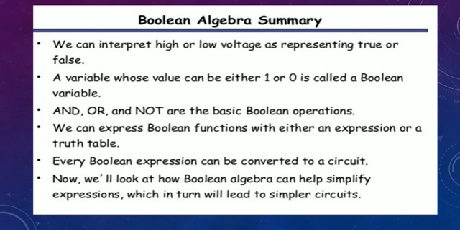Next, the Boolean algebra formula. This is a small introduction to Boolean algebra. We can interpret high or low voltage as representing true or false, and a variable whose value can be either 1 or 0 is called a Boolean variable.